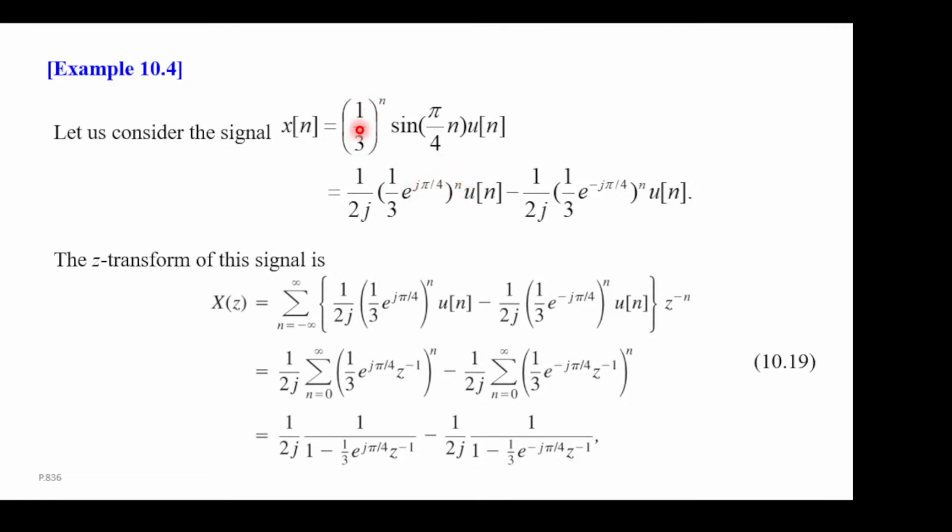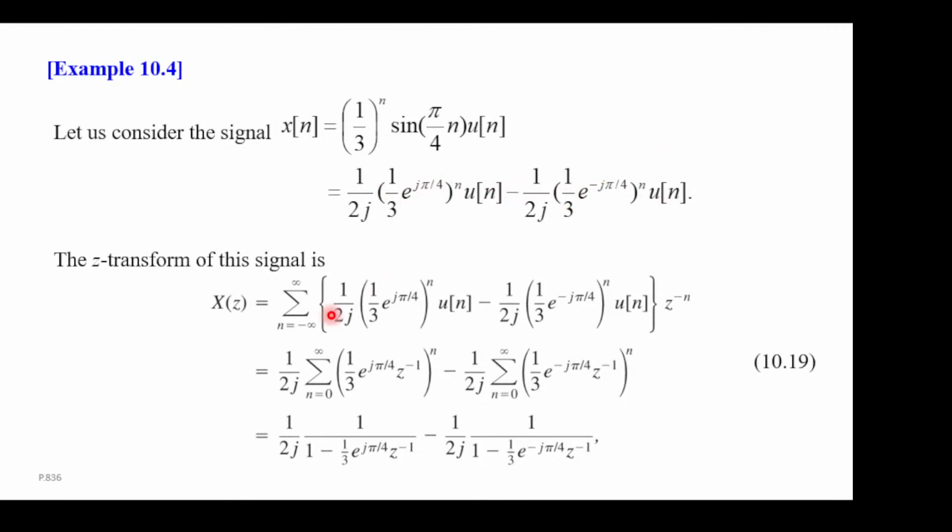So you can combine it with this 1 over 3 to become a complex number to the nth power, and the other negative exponential is also something to the nth power with a negative sign on your exponent here. If you write it in this form, then it's just like the previous question. You are just having two exponential functions as a linear combination.